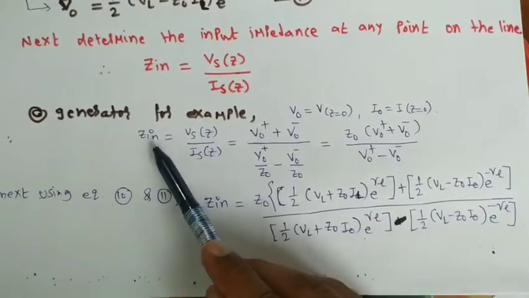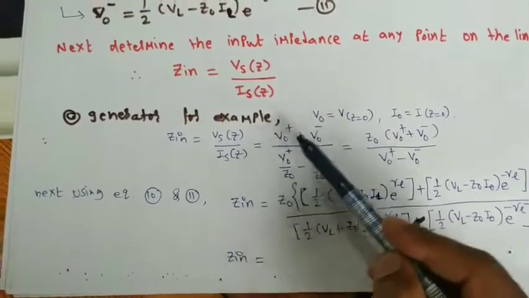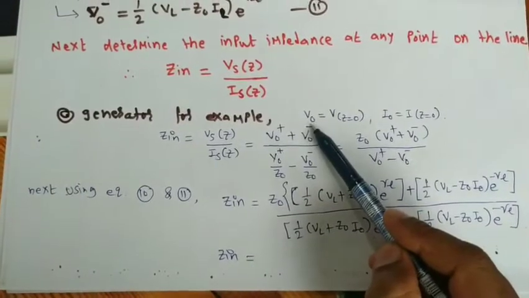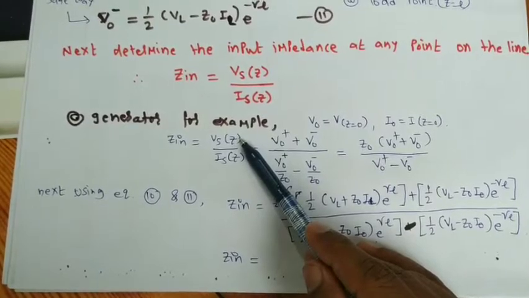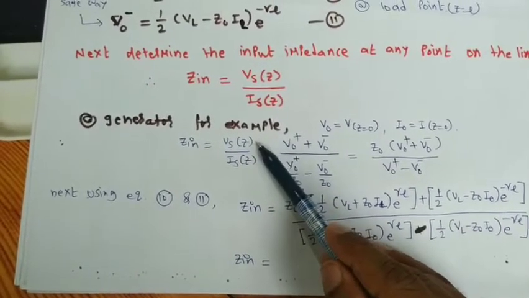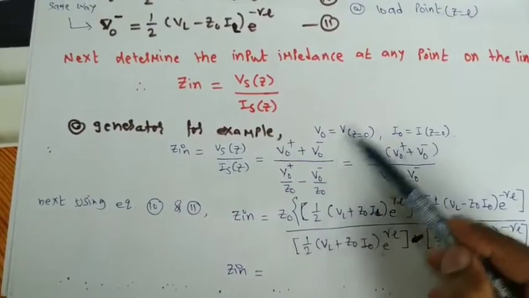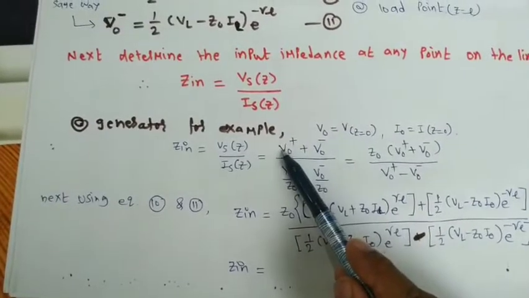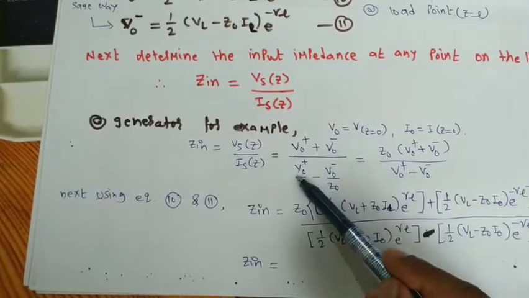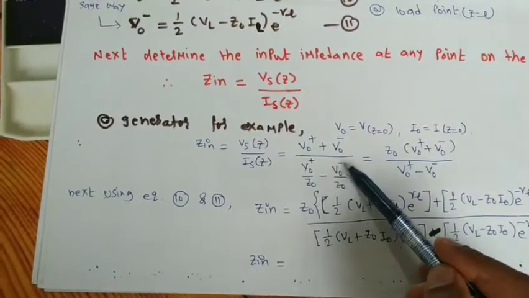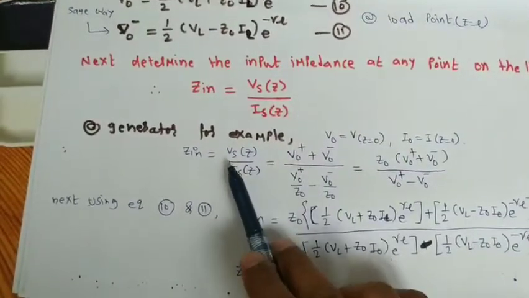So ultimately the input impedance becomes Vs of Z over Is of Z. We have already seen that in this Vs of Z there are terms like e raised to minus gamma Z and e raised to plus gamma Z, but because Z equal to 0, those terms become 1, and hence we get V0 plus V0 minus over V0 plus over Z0 minus V0 minus over Z0. I think this one is clear.